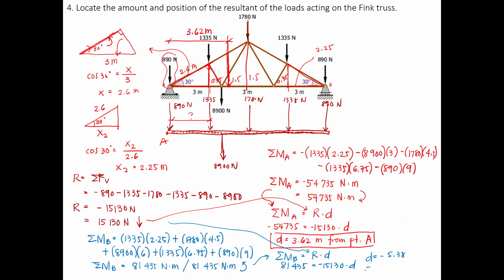So distance is 5.38 to the left of point B. So 5.38 plus 3.62 is equivalent to 9.